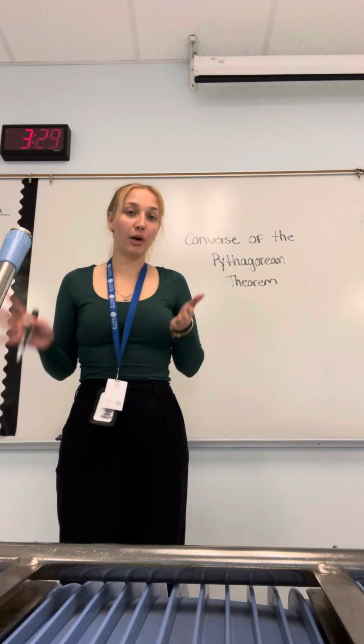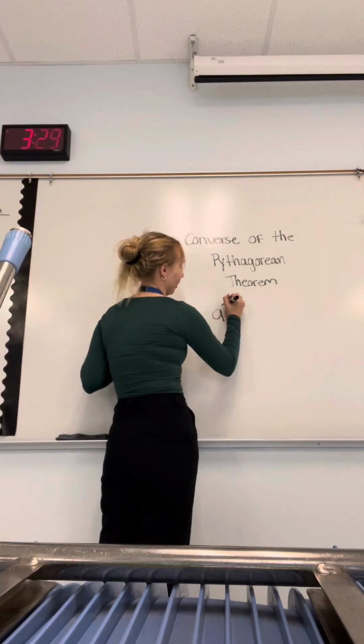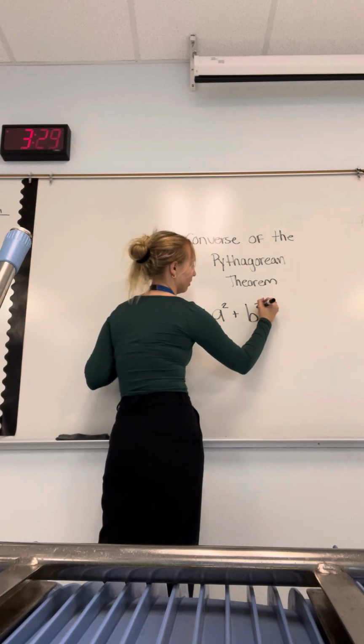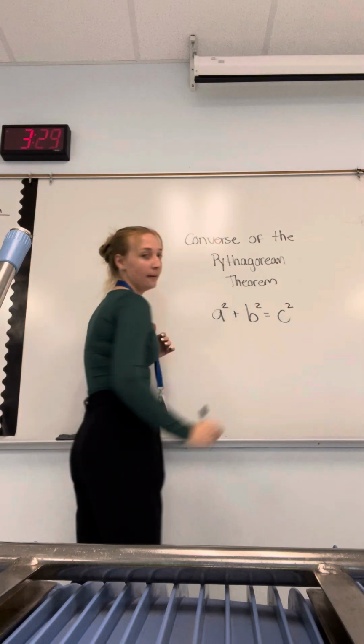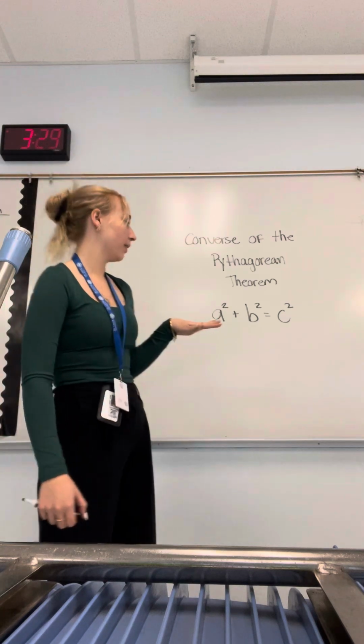It's only applicable to right triangles. So our Pythagorean theorem is a squared plus b squared equals c squared.